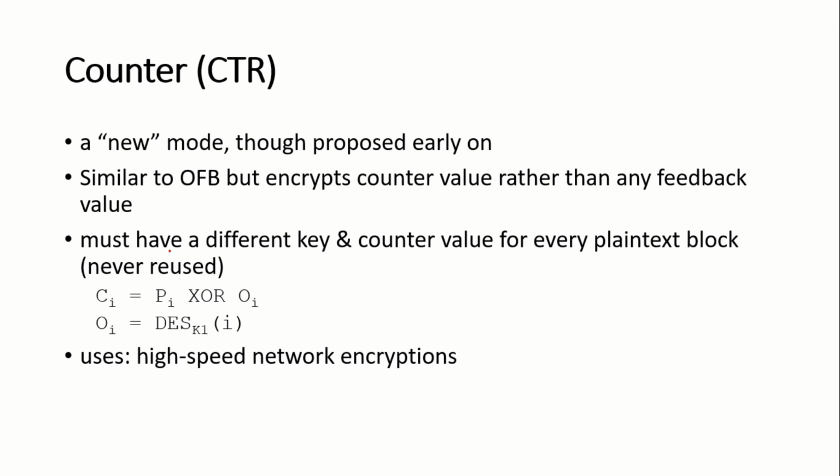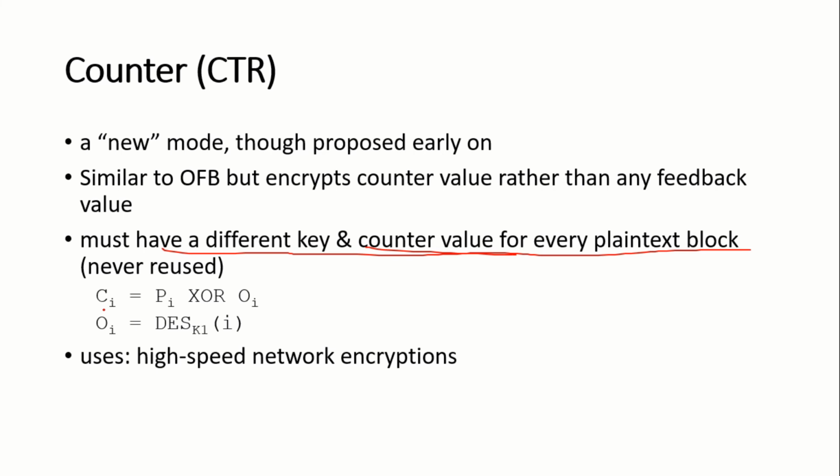It also must have a different key and counter value for every plain text block. Okay, so the reason is the same: because we add the plain text later, we do the XOR later, that is why we need to use a fresh combination of the counter and the key value for each and every plain text which is to be encrypted.